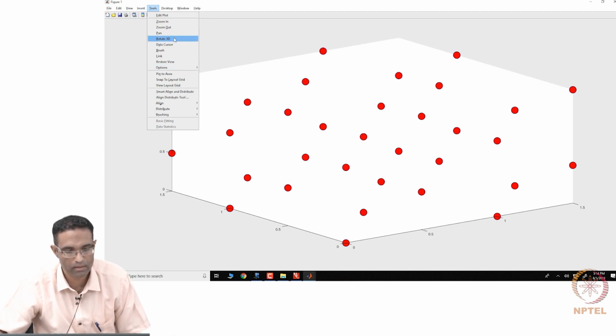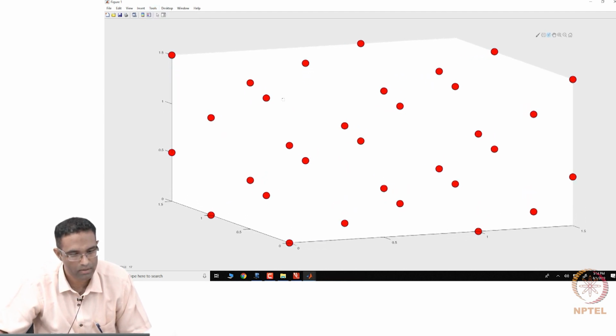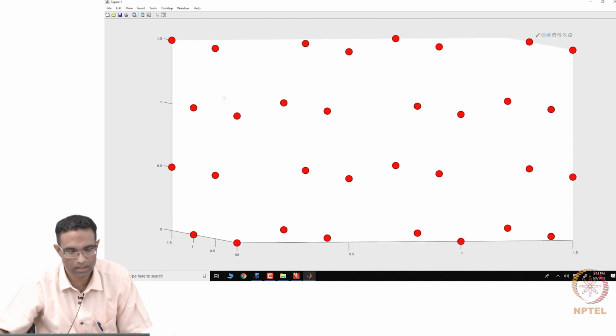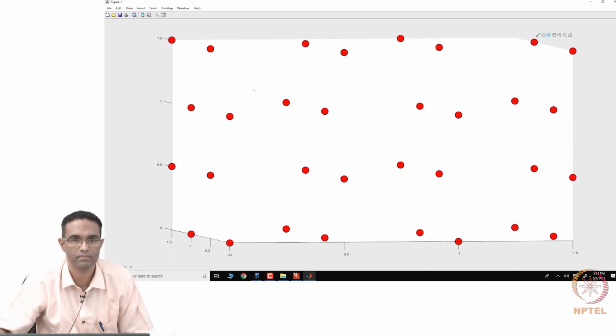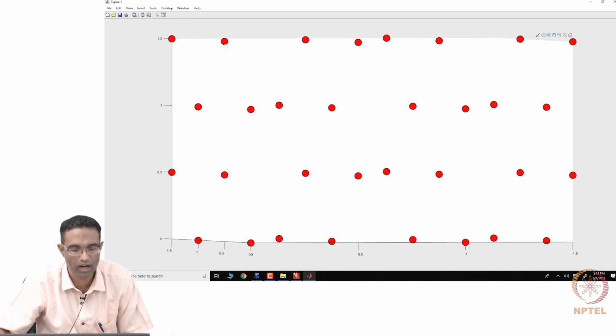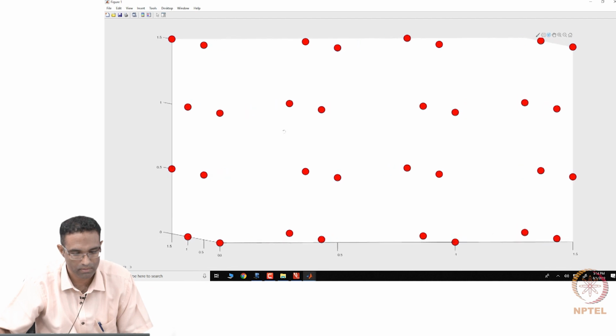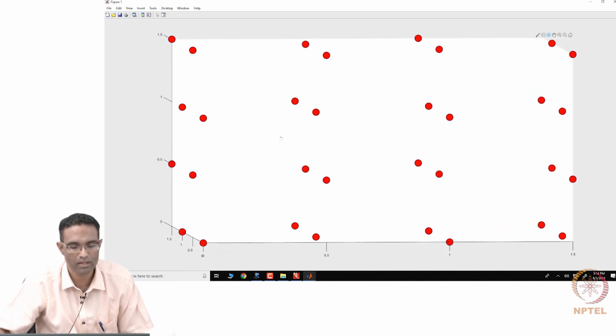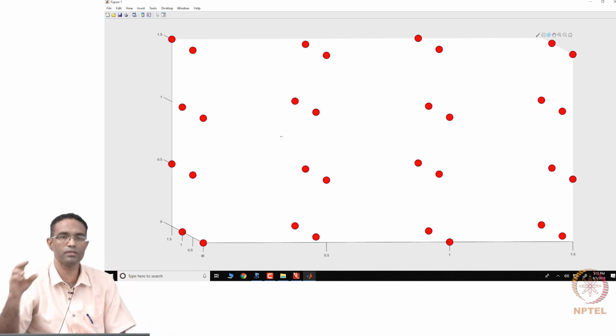So I just ran that code right here. This is basically an FCC structure. Okay. So for example, it is hard for you to notice, but look at this, and there's one atom right here, right? So one of the issues that we have here is that you find it hard to visualize one unit cell.